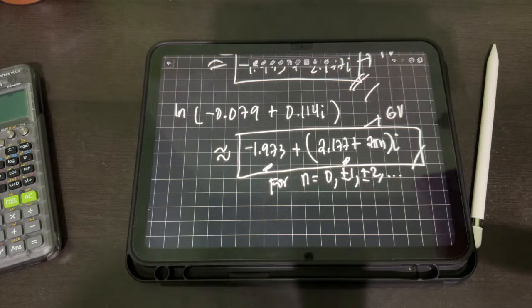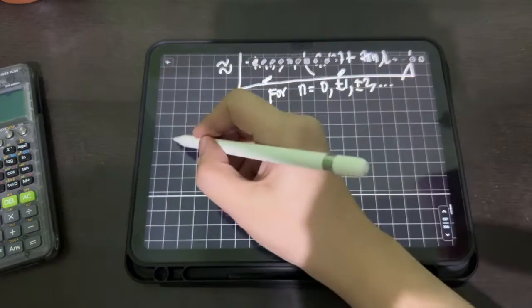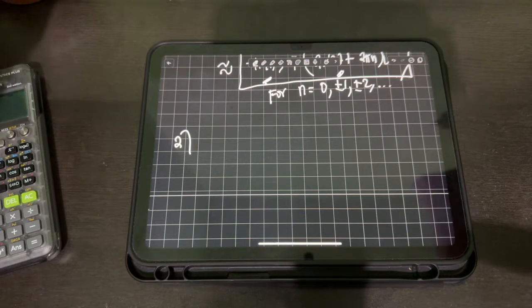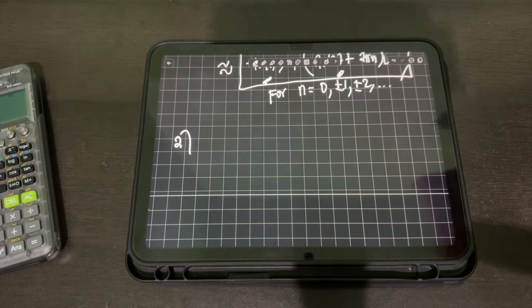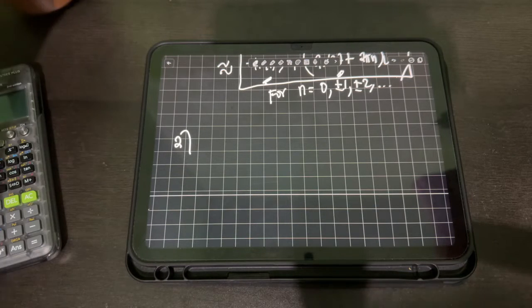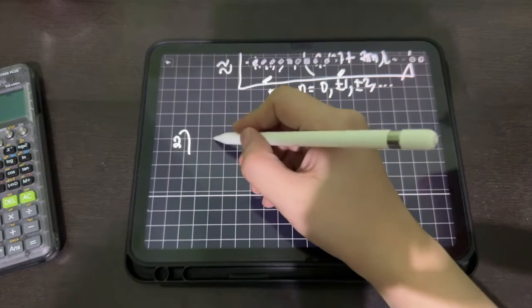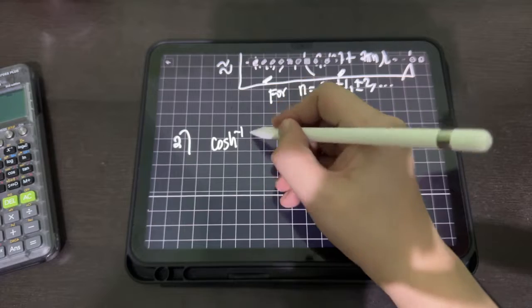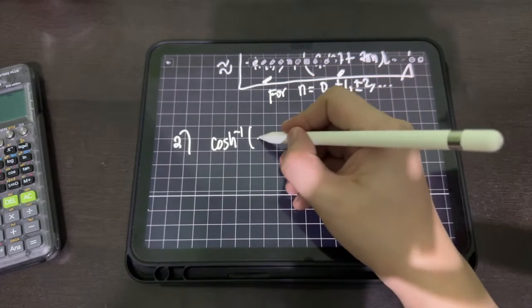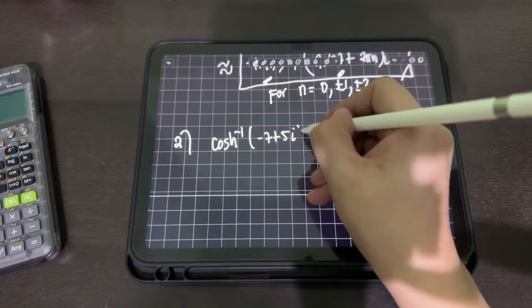Okay, next. Number 2. What is r cosh of negative 7 plus 5i?